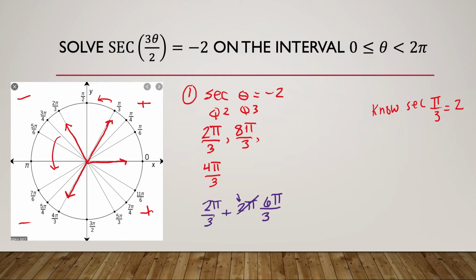And then remember, recognize that pattern. How do you get from this 2 to this 8? You added 6. So we're going to do it again. 8 plus 6 is 14.